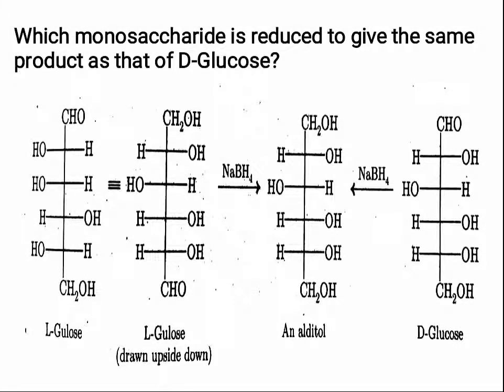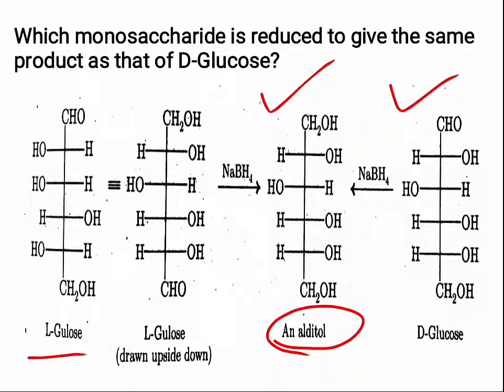Which monosaccharide is reduced to give the same product as that of D-glucose? So you have the structure of D-glucose, so you know the alditol structure, the glucitol, this one, and you are asked which other monosaccharide will give the same alditol after being reduced, and the answer is L-glucose.